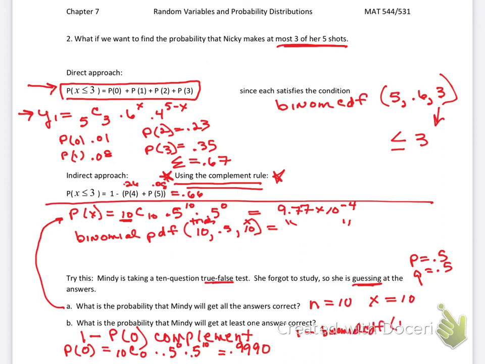I still have 10 trials, I still have 0.5 for the probability, but I'm going to put a 0 here, and I end up getting the exact same answer. So 1 minus that also gives me 0.9990. Either way you can get your answer, which is very good.